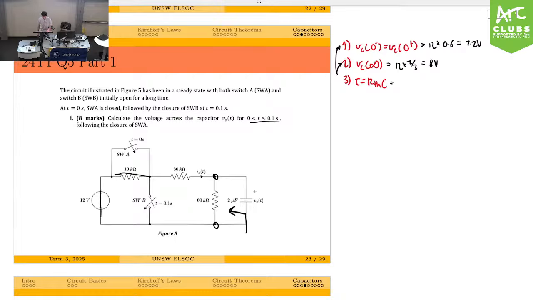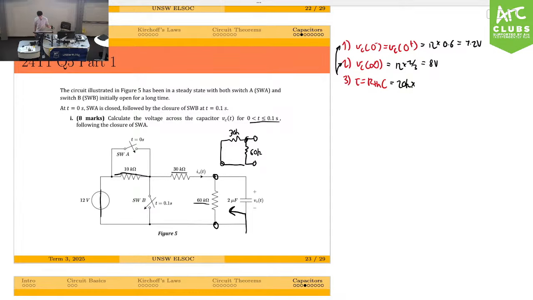So now you've got the 30 kilo ohm in parallel with the 60 kilo ohm across these two. Sorry, I should redraw it. This is 30K and this is 60K, and they share the same two nodes here. All right, so 30K parallel 60K is going to be 20K.